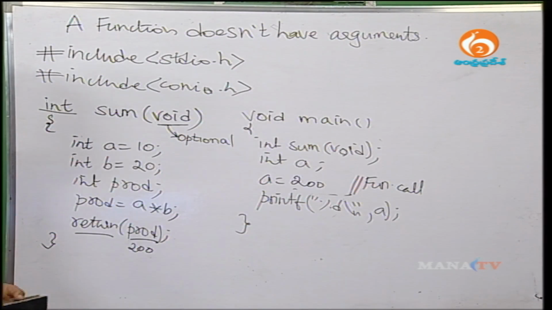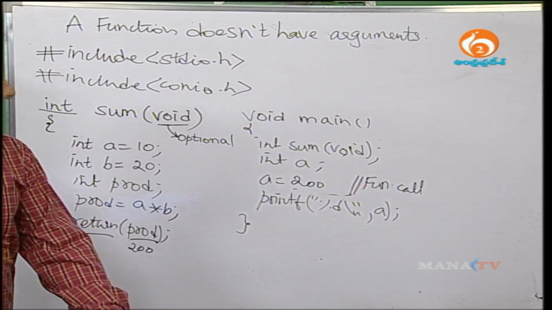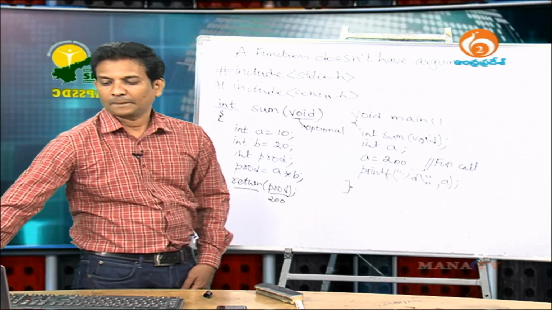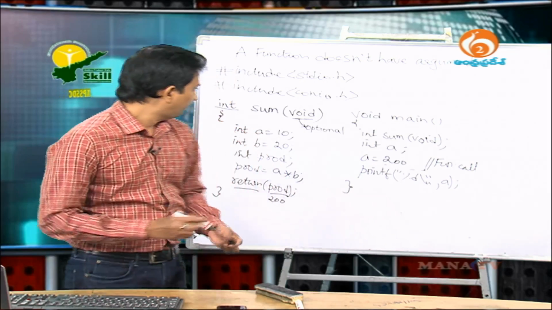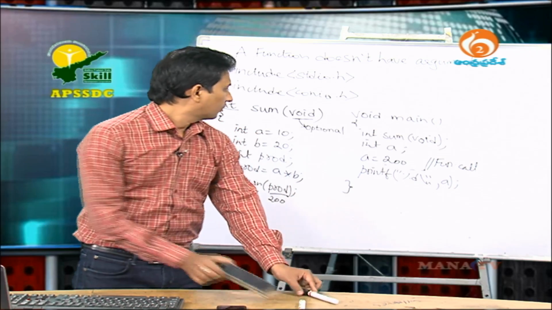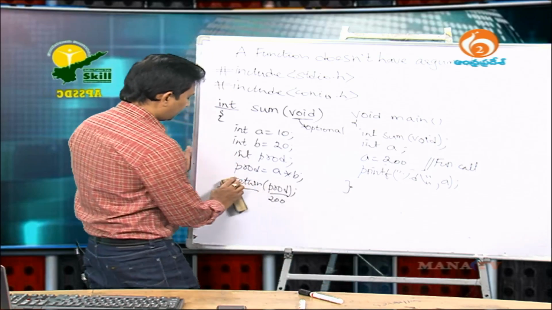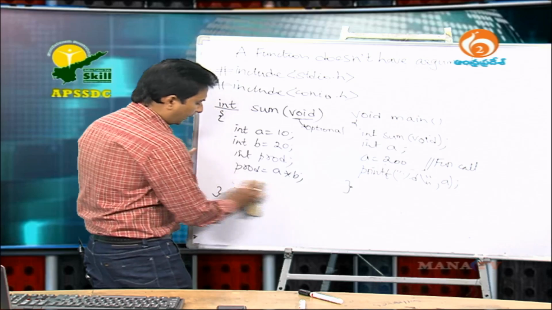This is the example program for a function that does not have arguments. For example, I do not want to write here; I simply want to display the output here only.